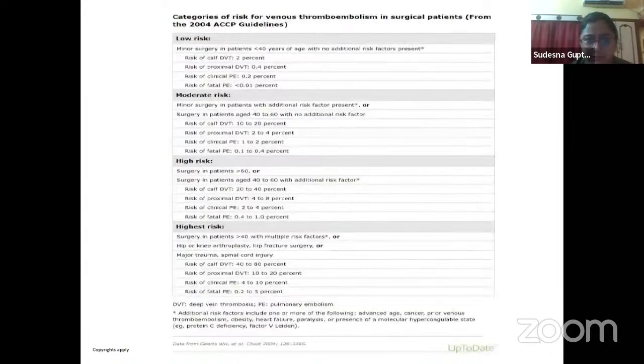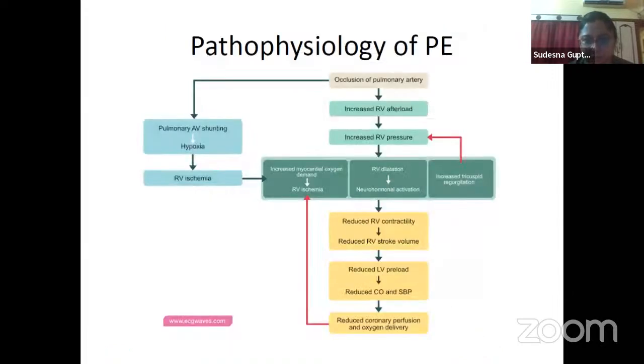In surgical patients, the risk of venous thromboembolism is highest in those over the age of 40 with multiple risk factors, and can be subdivided into highest risk, high risk, moderate risk, and low risk.